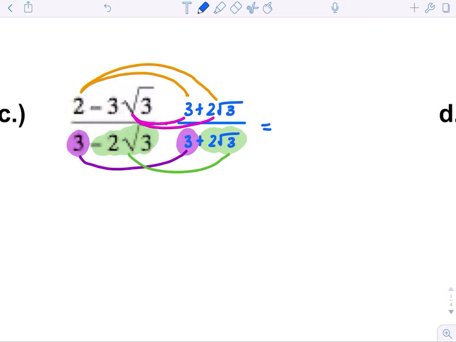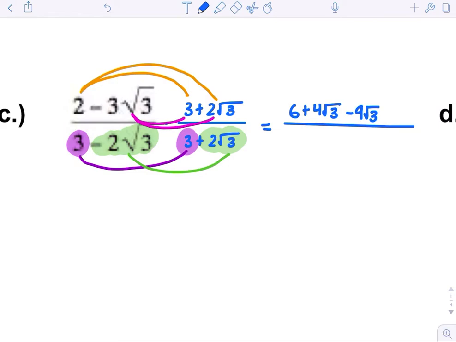Okay, let's follow the orange. 2 times 3 is 6. 2 times 2 rad 3 is 4 radical 3. Negative 3 radical 3 times 3, we're doing the pink, is negative 9 radical 3.